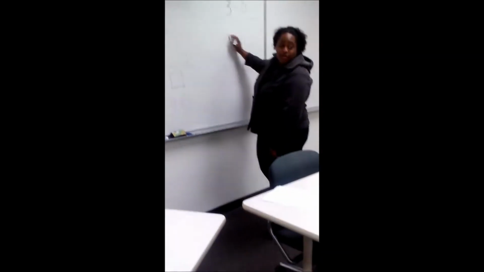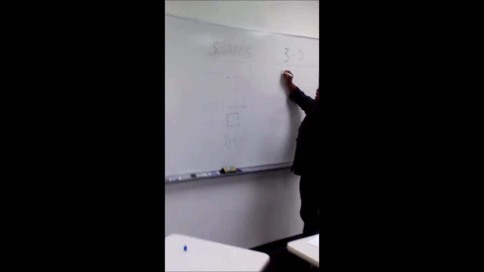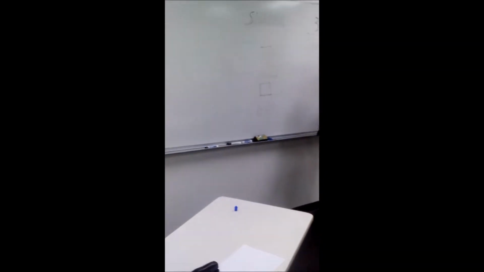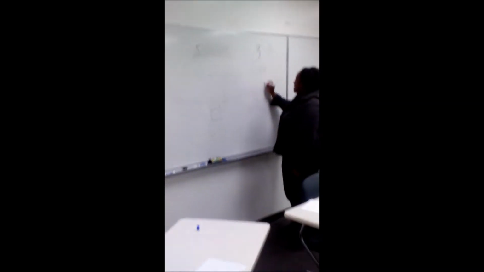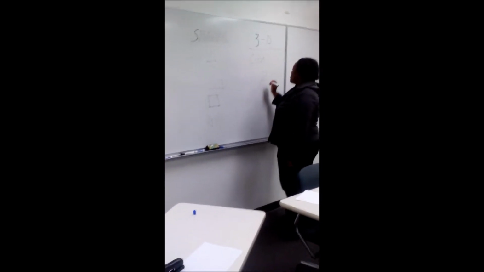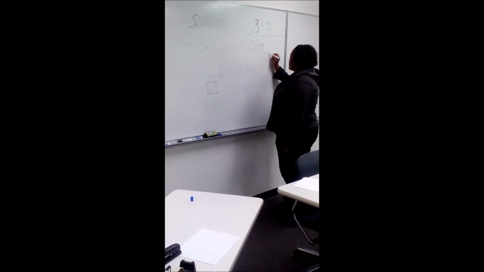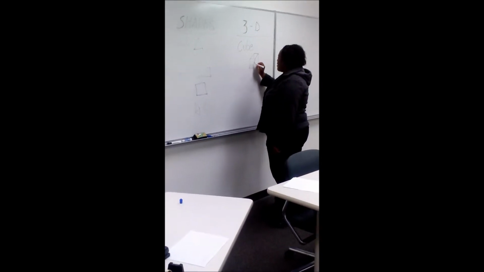All right, we have a three-dimensional shape. One of them is called a cube. Can you say cube? Cube. Good job. A cube is six squares. One, two, three, and there's one right here.